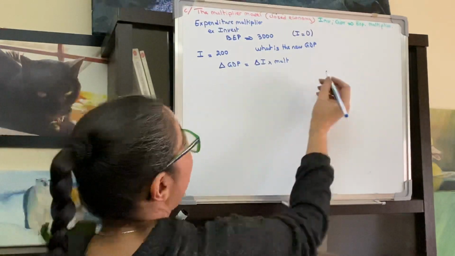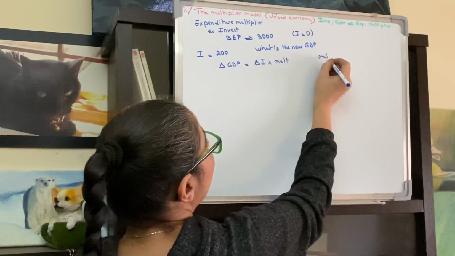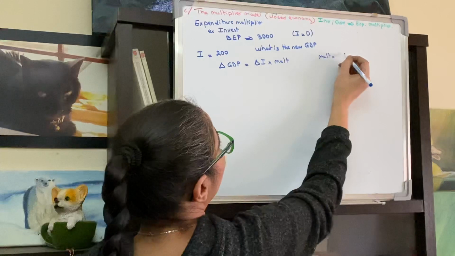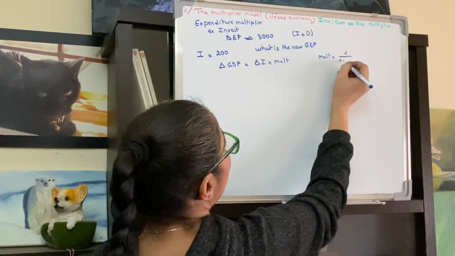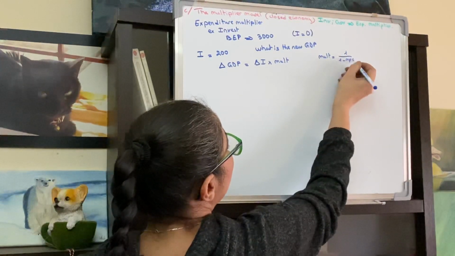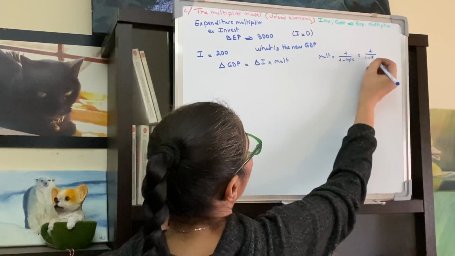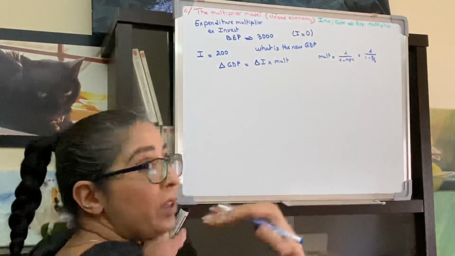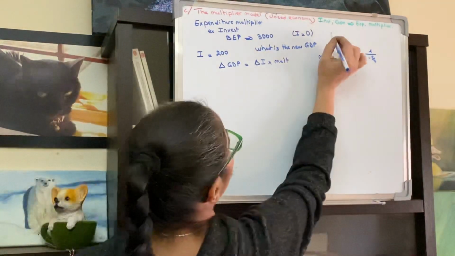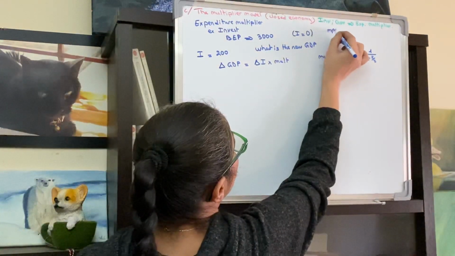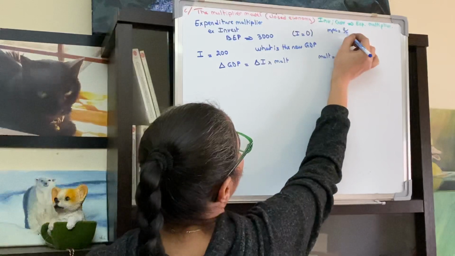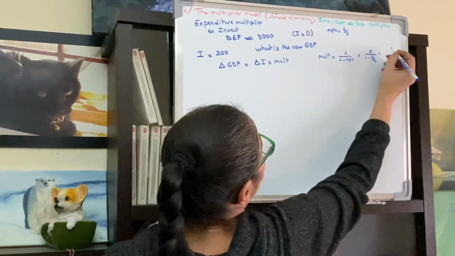What is the multiplier? The multiplier is equal to 1 over 1 minus MPC, which is equal to 1 over 1 minus 2 over 3, because we're using the same example. Here I know that MPC was equal to 2 over 3, which is equal to 3.